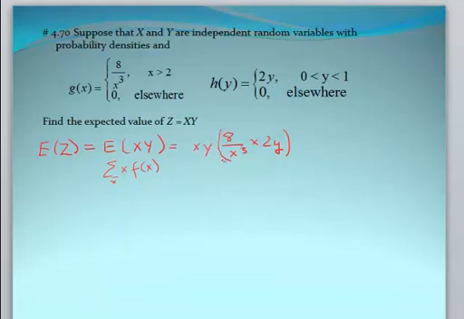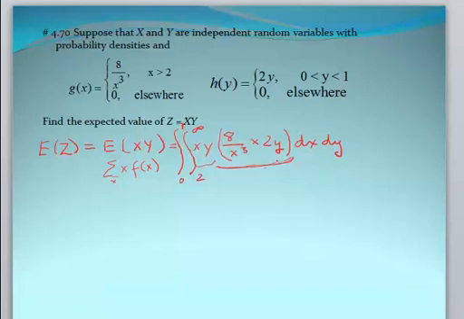So we're taking the probability density function times xy, and then we're going to sum it up, where dx goes between 2 and infinity, and dy goes between 0 and 1. Okay, because we're just finding expected values, so we've got to multiply the density functions times the values themselves and integrate over the whole shebang.